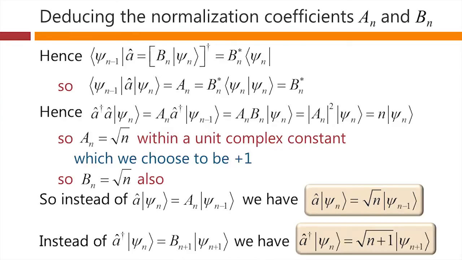And similarly, instead of a dagger psi n just being bn plus 1 psi n plus 1, we now have explicitly that a dagger psi n is equal to the square root of n plus 1 times psi n plus 1. And these are two very important relations for working with creation and annihilation operators.